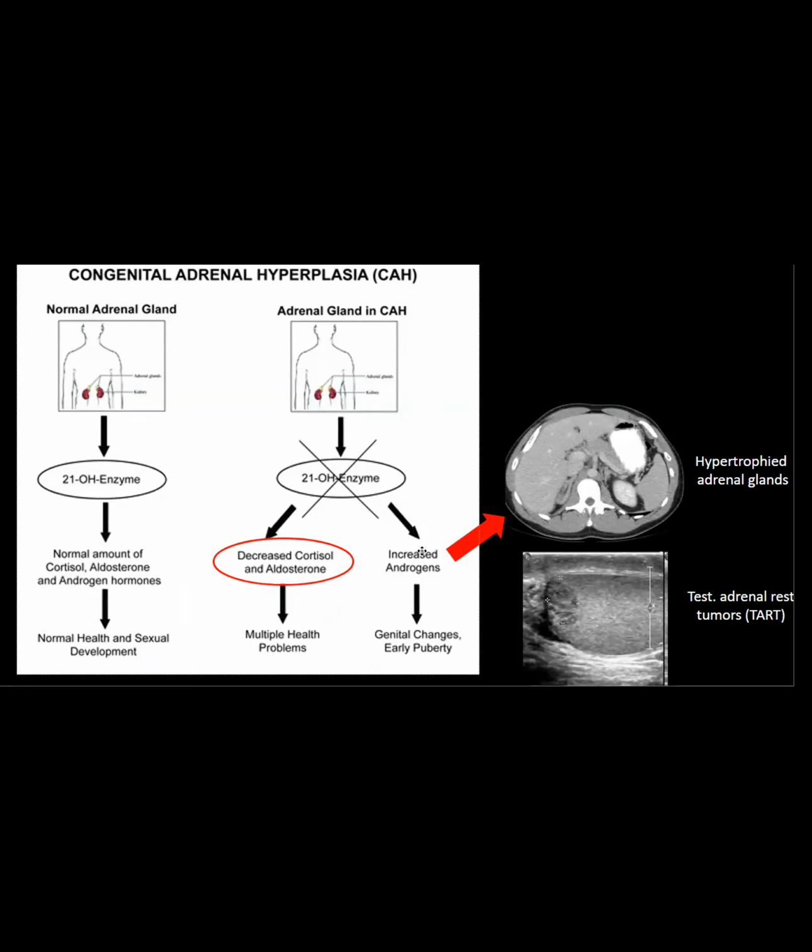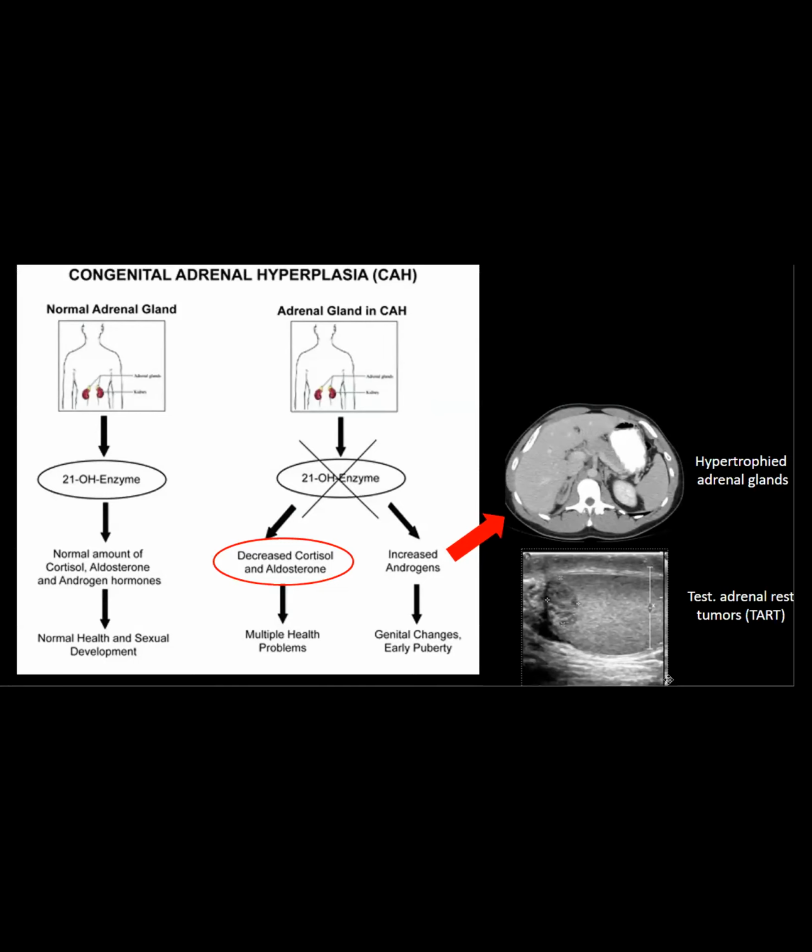But because of that, they also have increased androgens. So one of the signs in a baby would be, if a female has virilization of their reproductive organs, this is a sign of increased androgen production. It could be CAH. There's a whole endocrine workup that they can do for this, to see what your sodium and potassium levels are, to see if you may not have aldosterone. And then this is why we get these hypertrophied adrenal glands, because these adrenal glands are now pumping out these androgens.